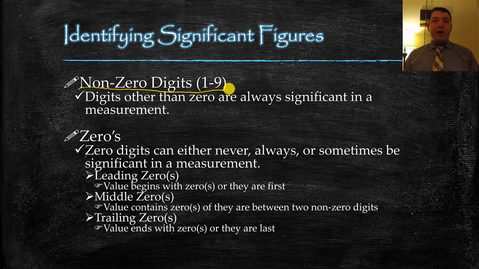Obviously, there's only one number that's not between 1 and 9. 0. 0 is the annoying number, because 0 can be significant, cannot be significant, or sometimes is significant. It literally can be everything. Never, sometimes, always. So how do we figure out which of the zeros we're dealing with?